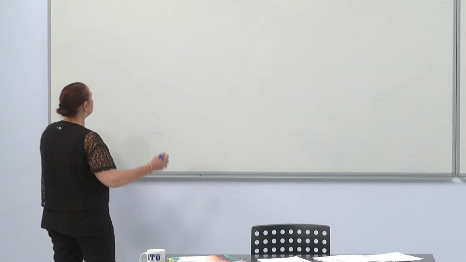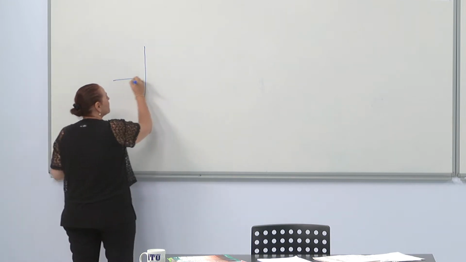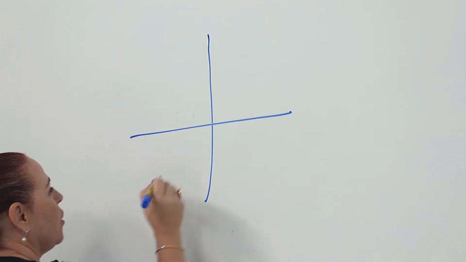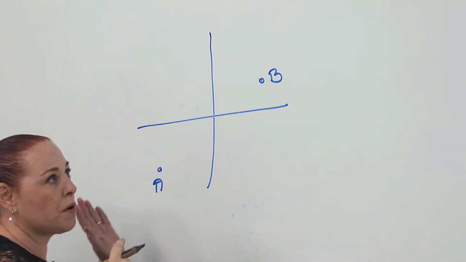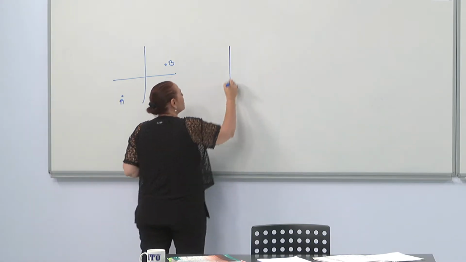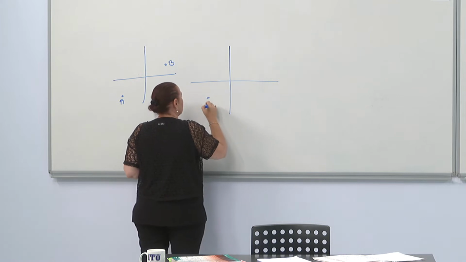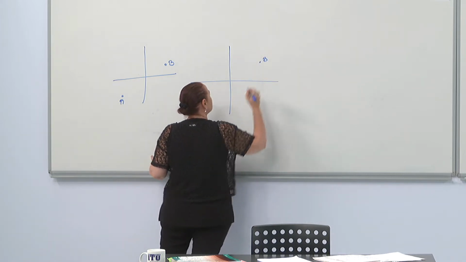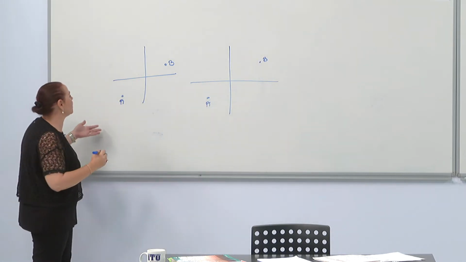Let's take two graphs, two curves that go from A to B, where you have an increasing function.